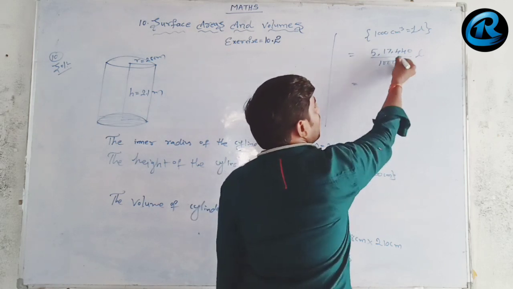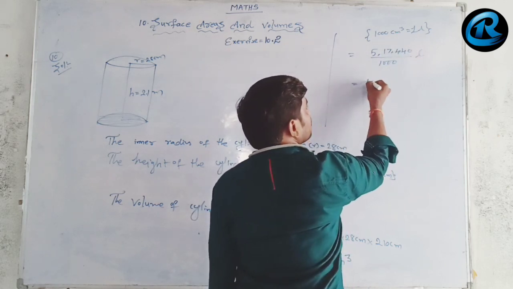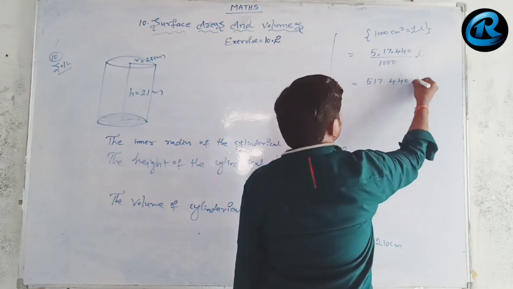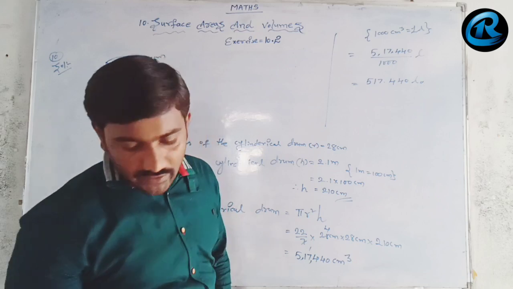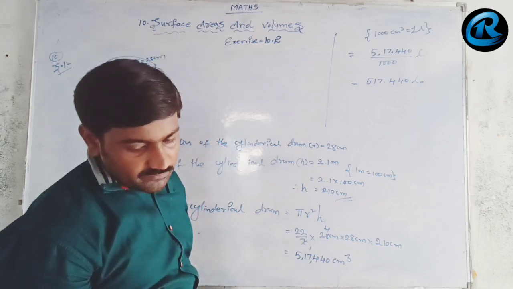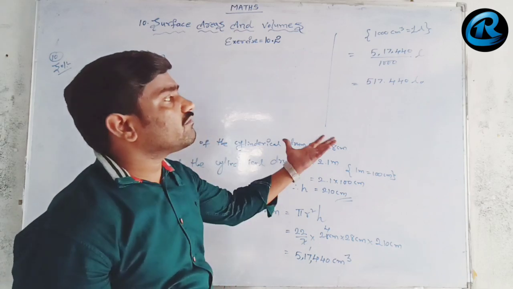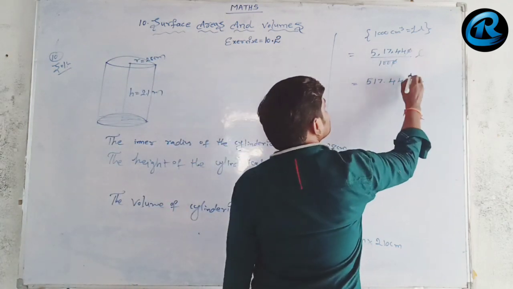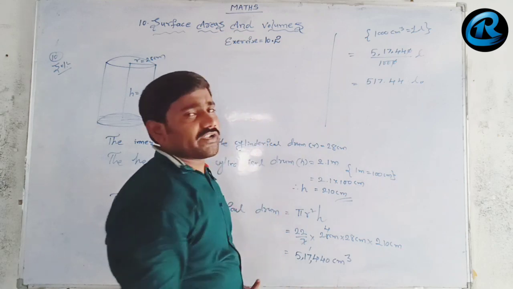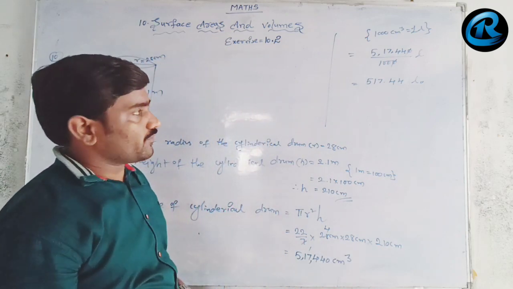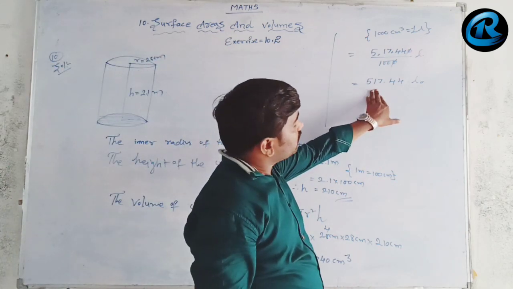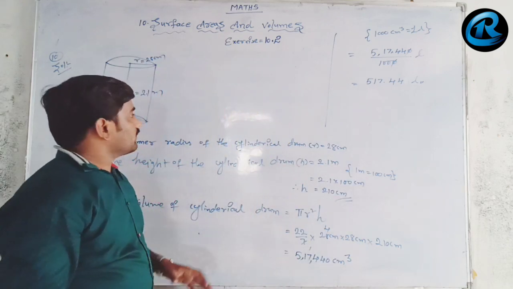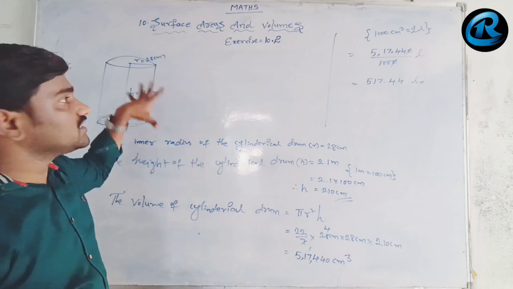Simple. After 3 digits you put a point: 570.440 liters. If you cancel this 0, you get 570.44 liters. This many liters we can store in this tank.